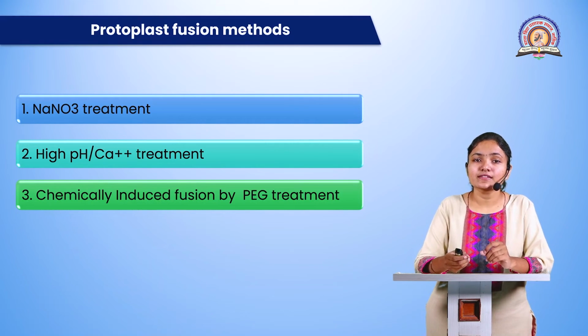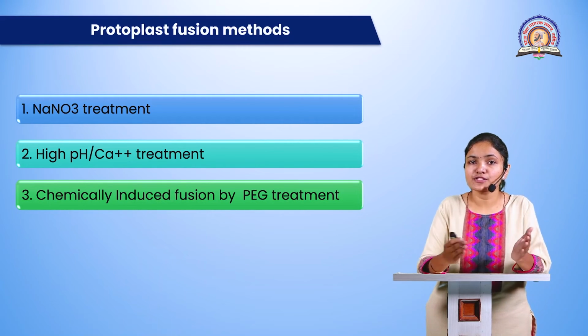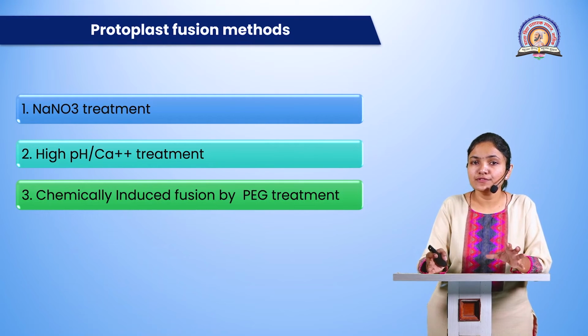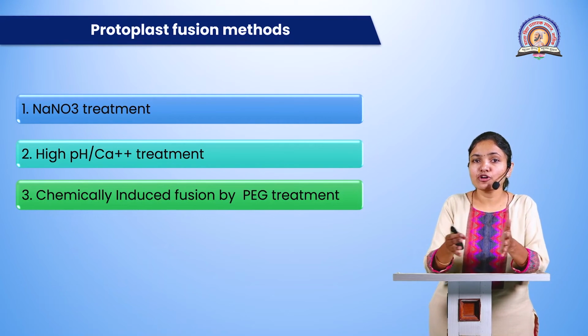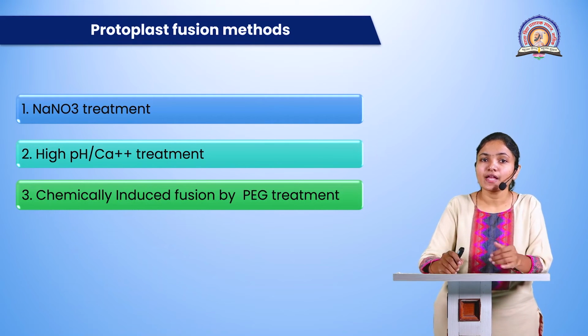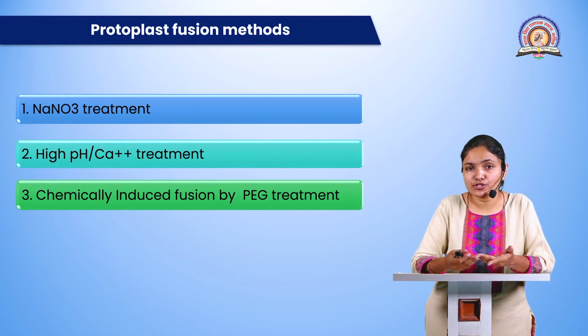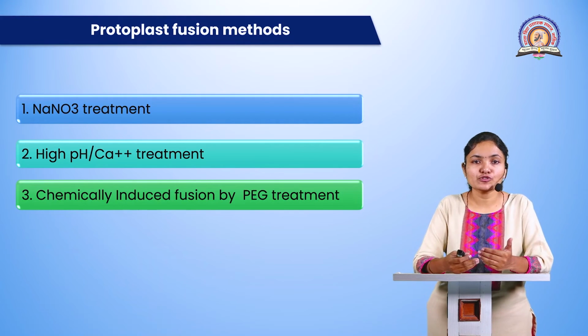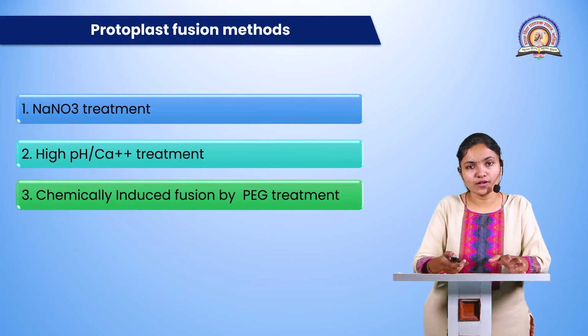Agglutination here is nothing but gathering of the protoplasts with each other. Means the two different protoplasts will try to come in contact with each other more and more because of this PEG, and also it acts as a fusogen where it will allow the fusion of two protoplasts with each other.